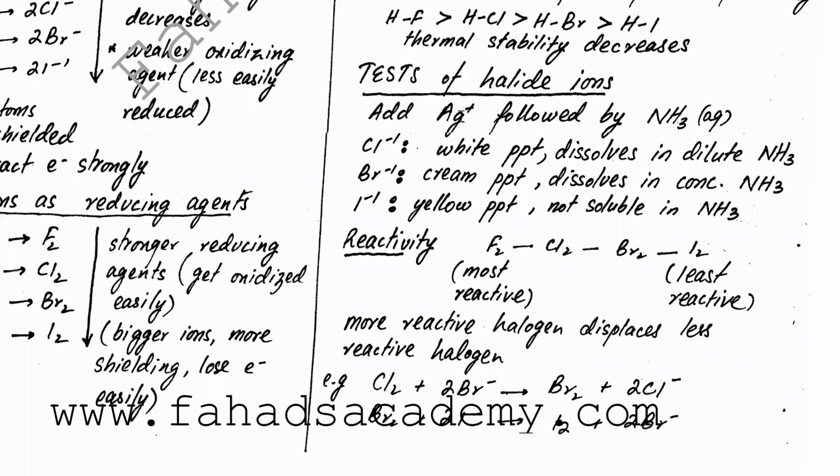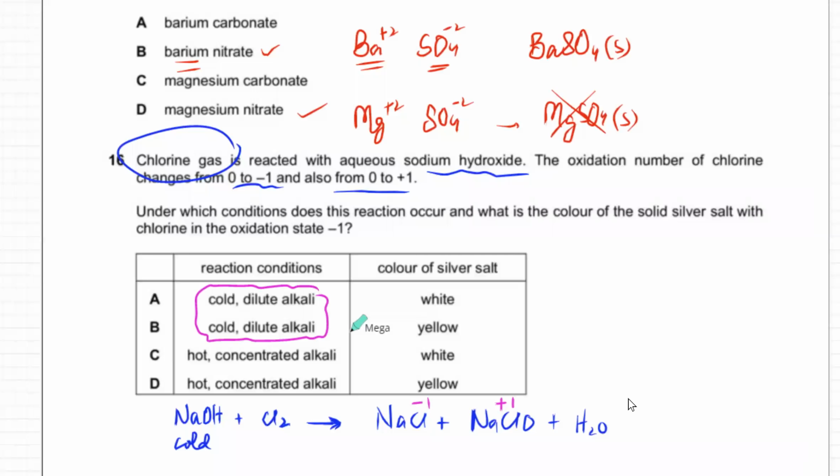Cl-1 with silver ions produces a white precipitate of AgCl, which dissolves in NH3. Br-1 on the other hand produces a cream precipitate with silver ions, and I-1 with silver ions would produce a yellow precipitate, which is not soluble in NH3. In this case, it's going to be white because Cl-1 is involved. So the color of the silver salt is going to be white.